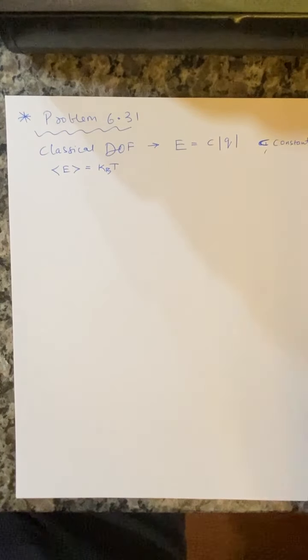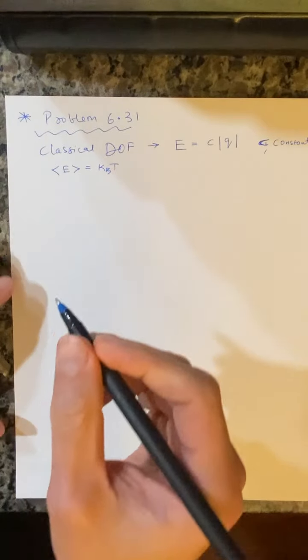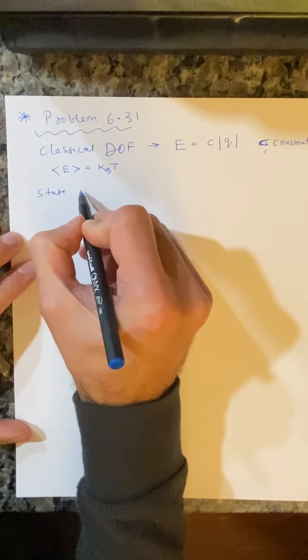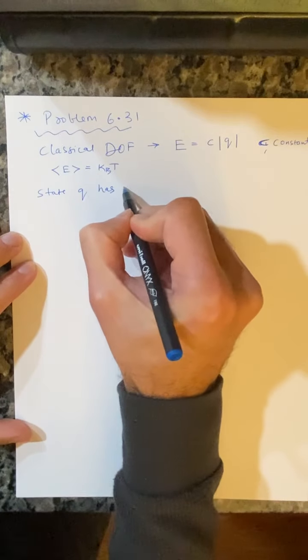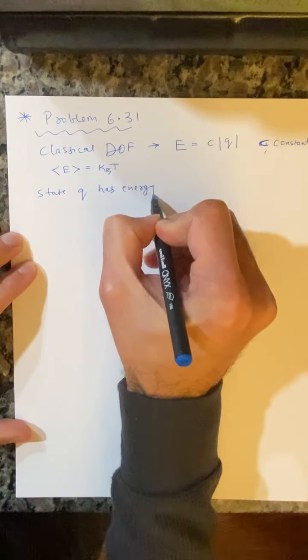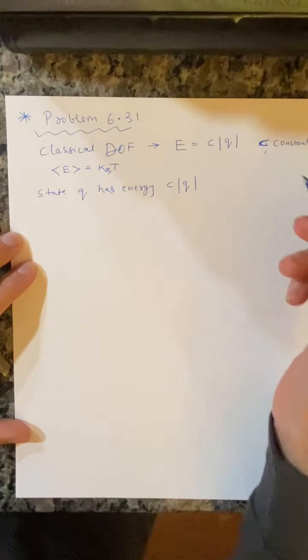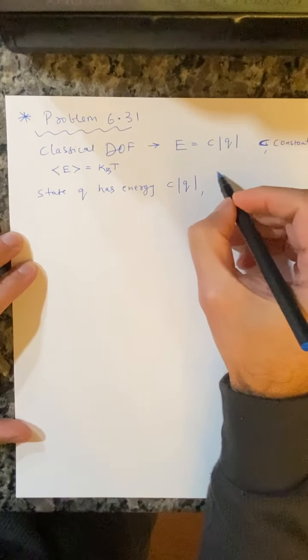It's almost like reinforcing what we did earlier, and that's the only reason I'm interested in it. So state Q over here has energy CQ. So let's write down the Boltzmann factor. That's our first step.